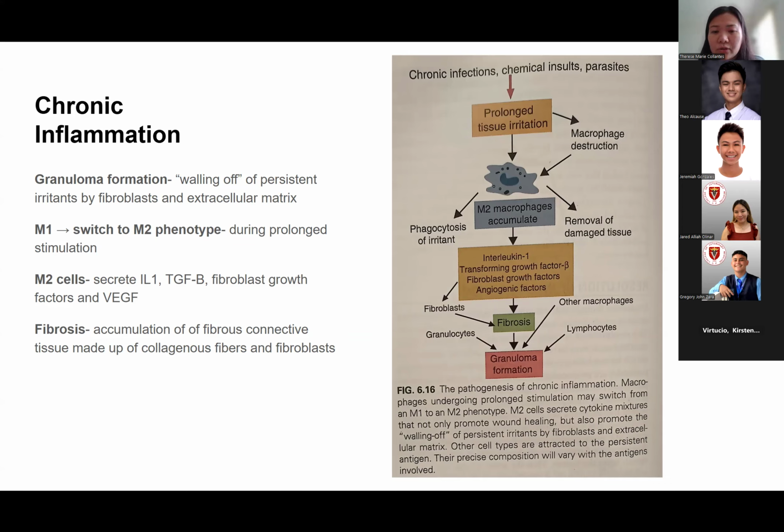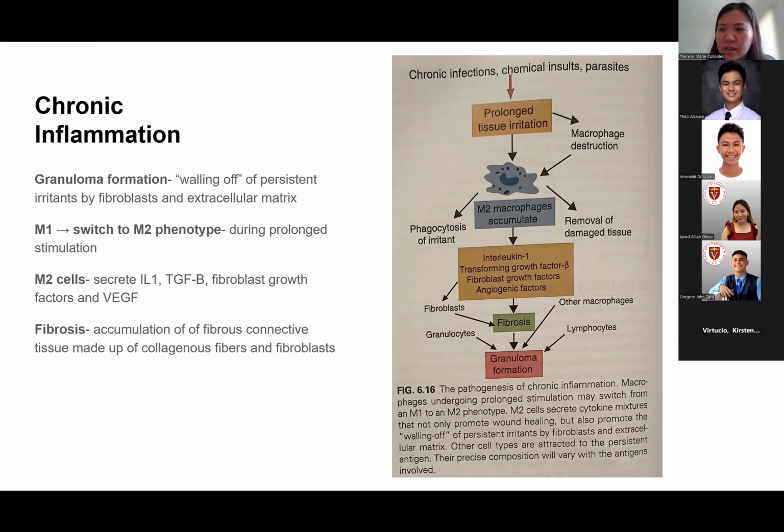When you say tubercles, these are lesions, these granulomas that are formed by the body around your mycobacterium, because it cannot kill the mycobacterium. What it will do is surround the mycobacterium with cells so that it can wall it off.